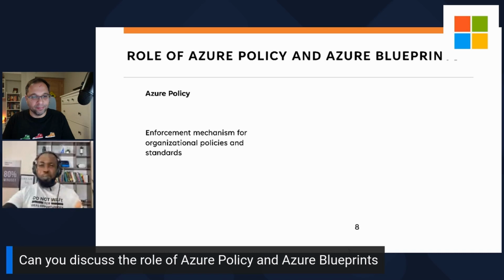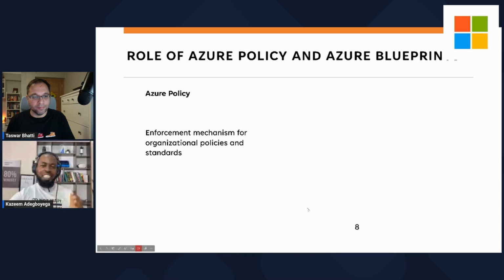Azure Policy and Azure Blueprint play an important role in maintaining compliance within the Azure environment, right? So let's start with Azure Policy. Azure Policy serves as the enforcement mechanism, ensuring alignment with your organization policies and regulatory standards.